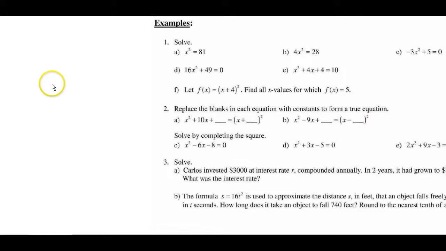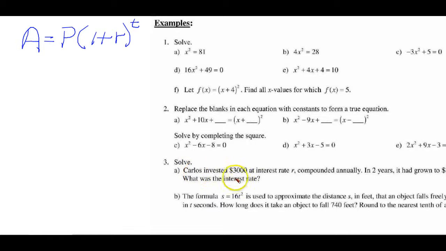In order to do this, I had to go to the textbook and find out what my formula is. If you go to your textbook, the formula for interest and amount is A equals P times (1 plus R) to the T power. So that's the formula that we need for this.